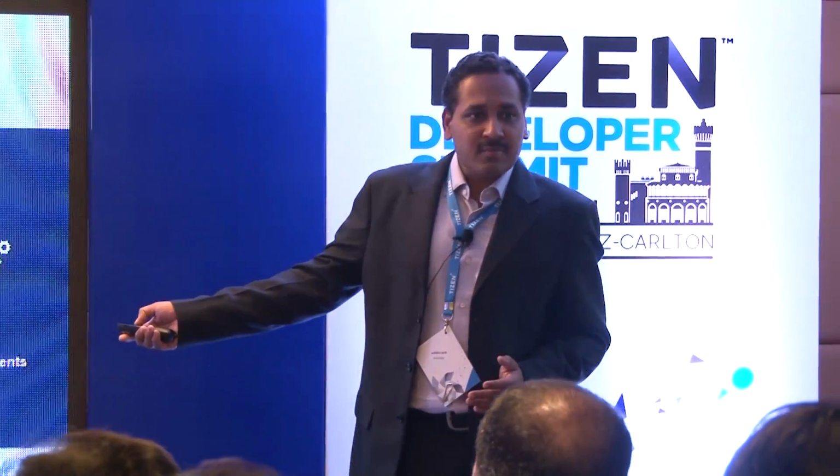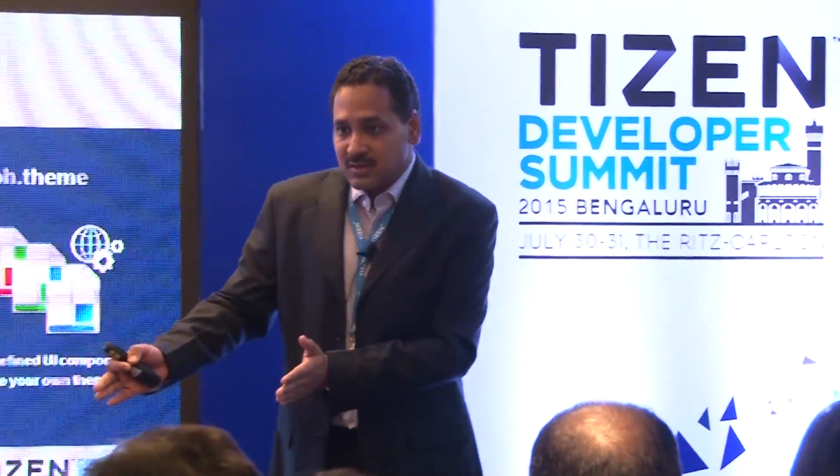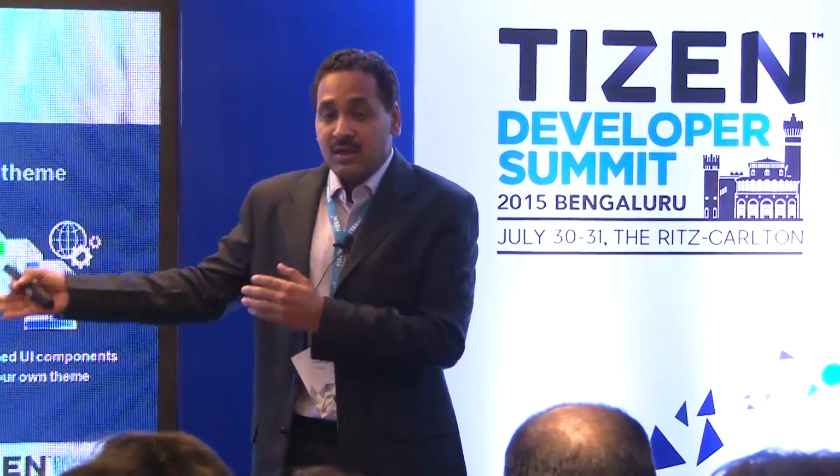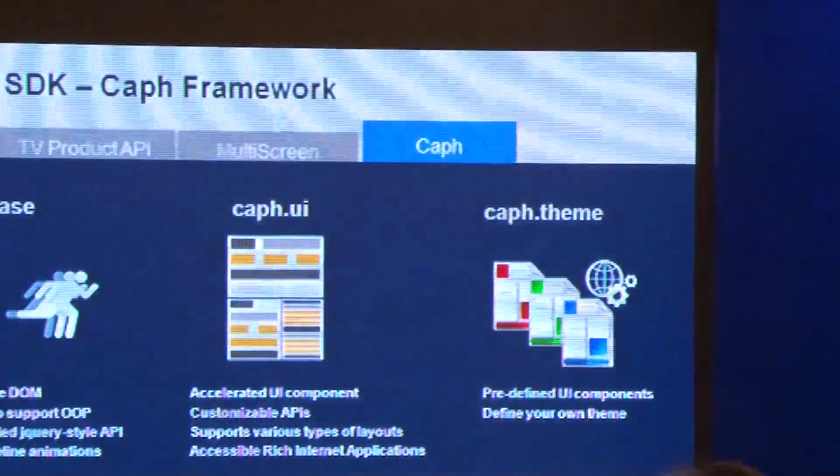Caph Theme. Caph Theme provides you predefined themes. Once you have predefined themes, creating new applications as per the Tizen UI is very easy. Besides that, you can also customize the themes and extend these themes.